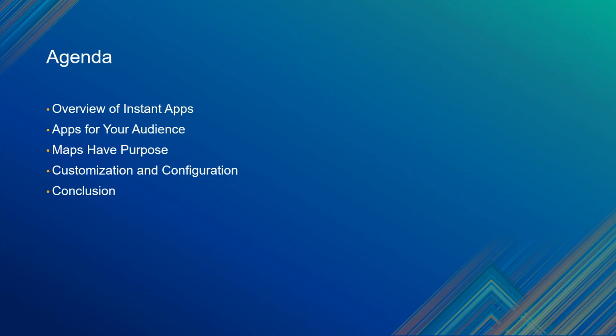Then we'll move into customization and configuration. So we'll set the foundation of what Instant Apps are, what templates we have, who they are used by, and how you can create it, and then talk about how you can refine your app to meet the goals that you might have. And lastly, we'll finish with our conclusion and answer any questions that you all might have.